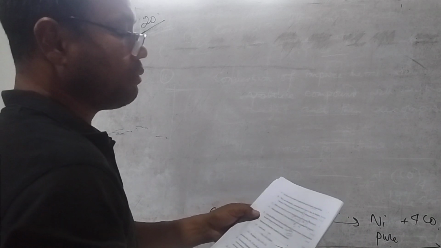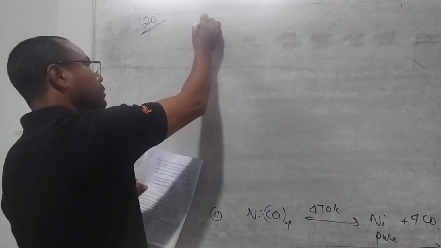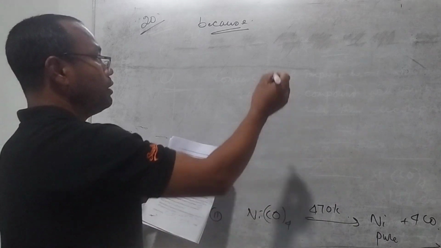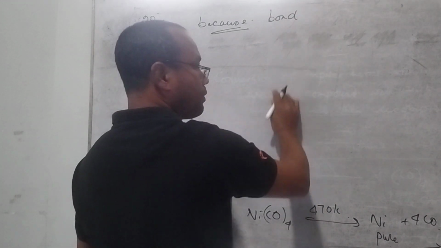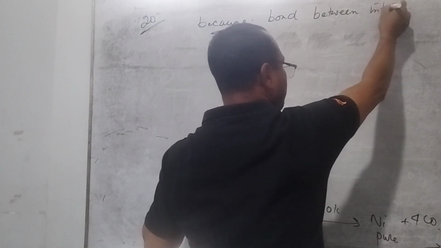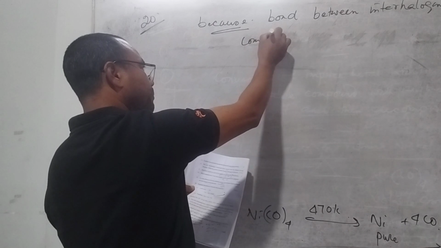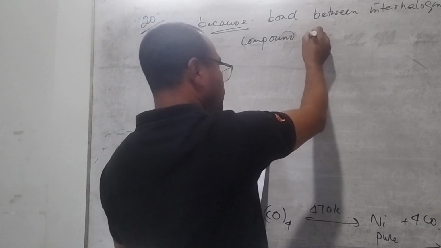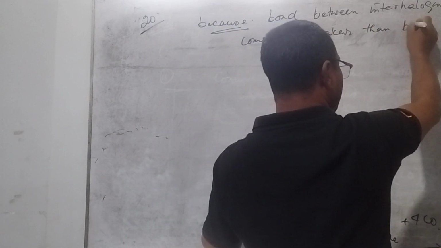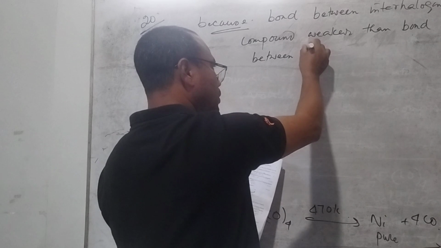That means interhalogen compounds are more reactive than the halogens because the bond between the interhalogen compound is weaker than the bond between the halogen itself.